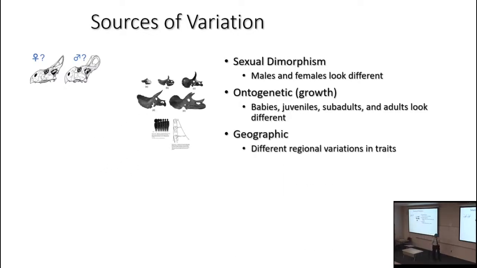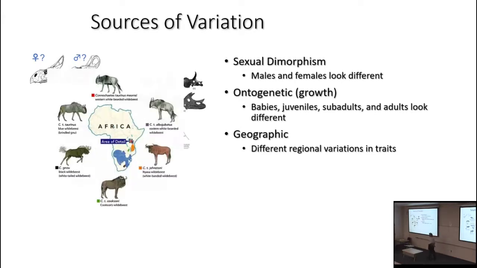Geographic variation. I mentioned this with regard to other organisms in the last lecture. But we note that there can be geographic variation, regional variations in traits among what most people would recognize as the same species. So different wildebeest in different parts of Africa have some different characteristics.